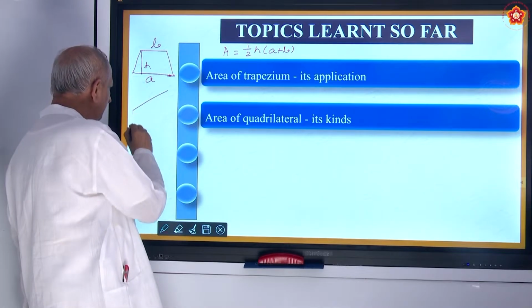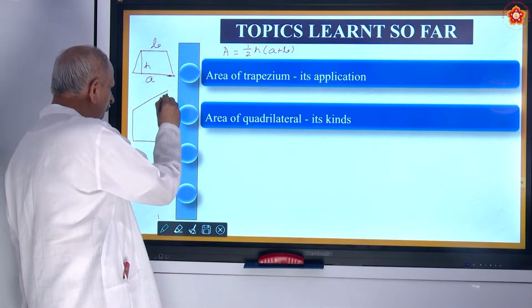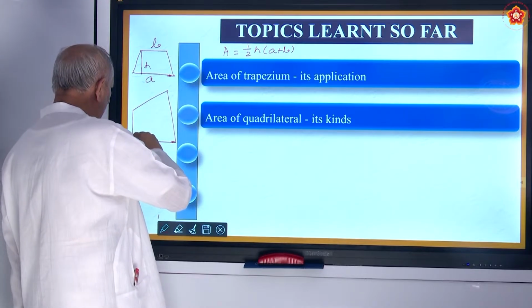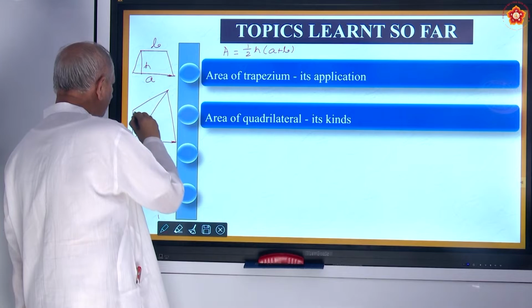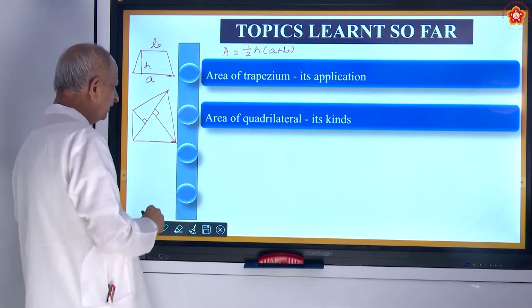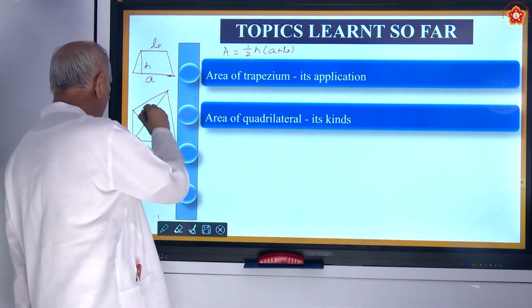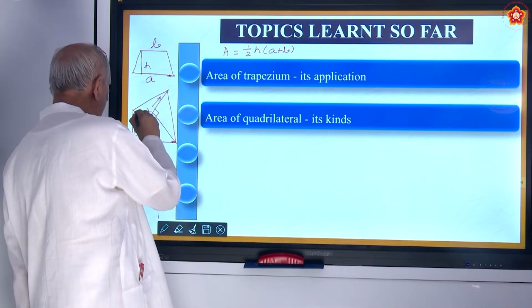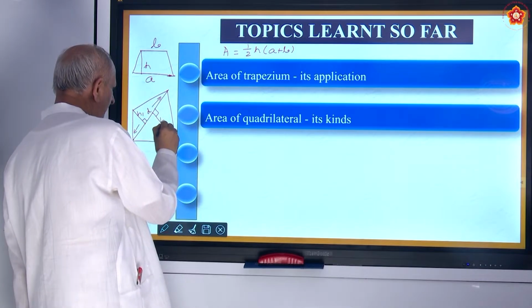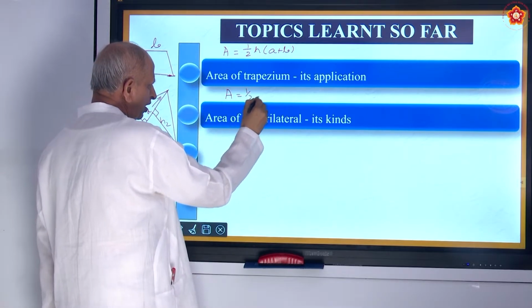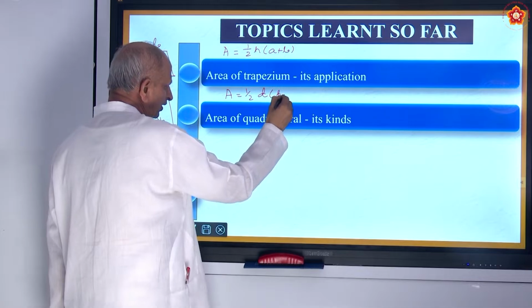A plane figure having 4 sides. 4 sides means 4 vertices and also 4 angles. Its area is given by the formula half of D into H1 plus H2. So, area A is equal to half of D into H1 plus H2.